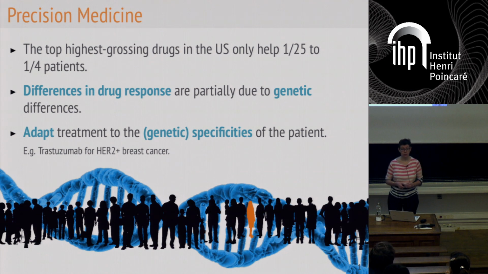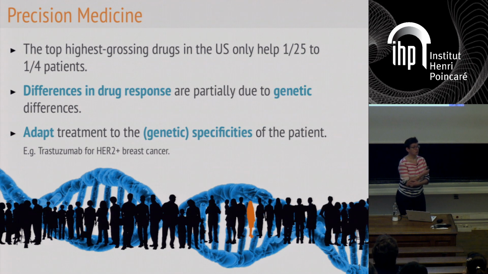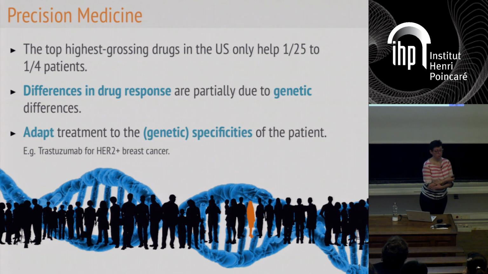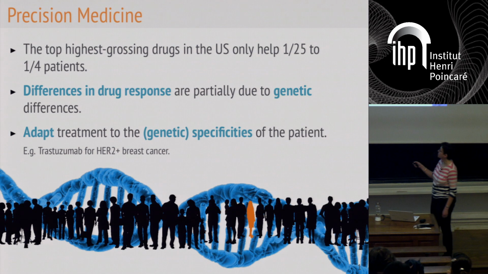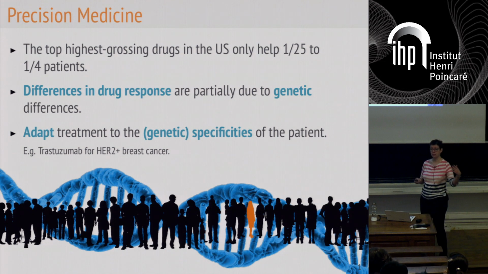An example of that is a drug called trastuzumab or Herceptin, which you give in certain cases of breast cancer. When this gene, HER2, is overexpressed, it means it produces more RNA than normal.